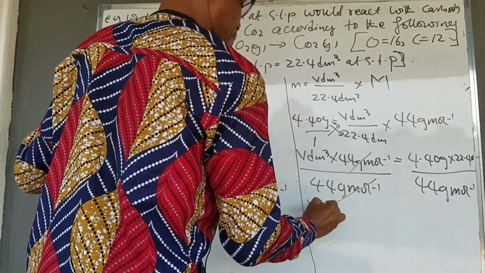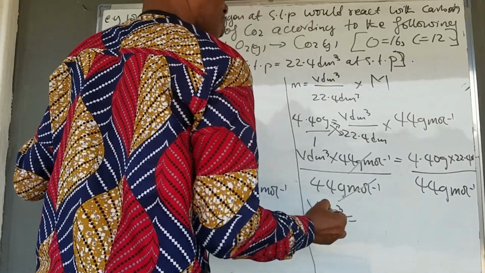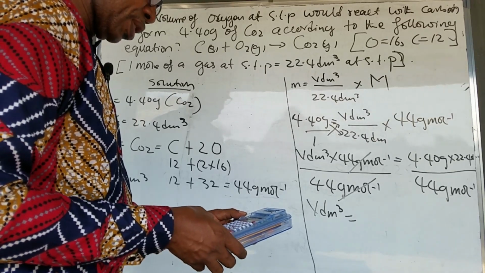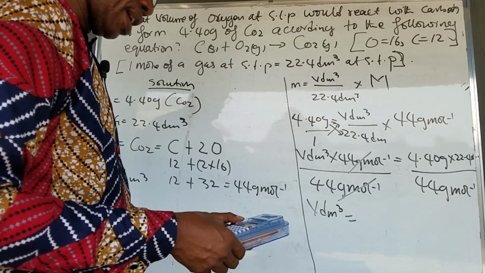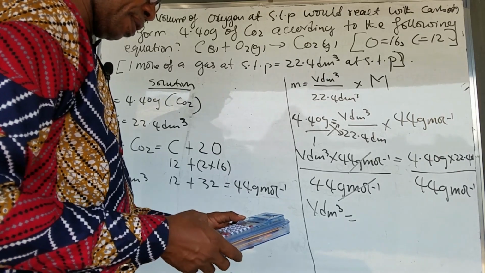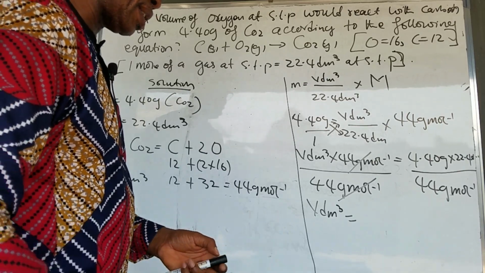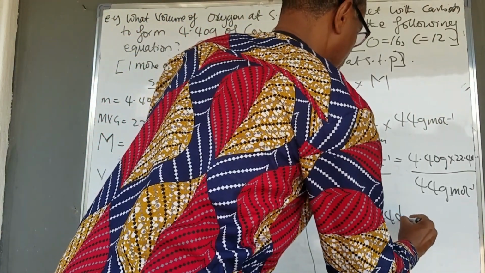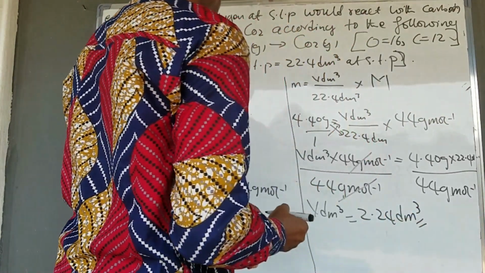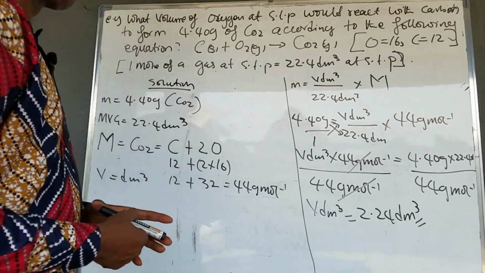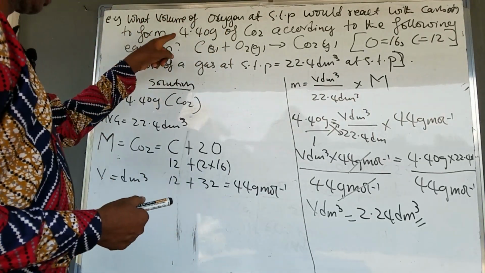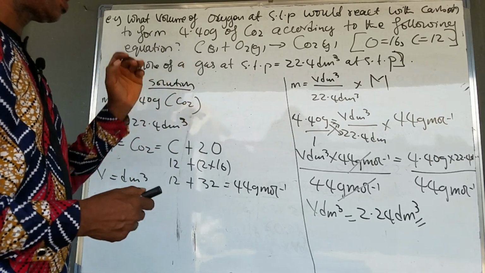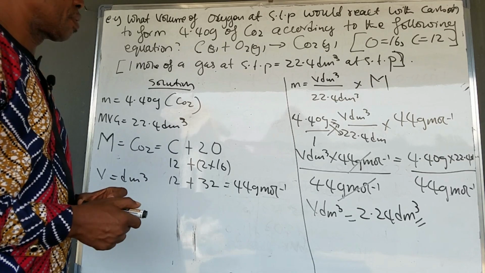And that will bring out my V dm³: 4.40 times 22.4 divided by 44. And the answer is 2.24 dm³. That is the volume of oxygen that will react with carbon to form 4.40 grams of carbon(IV) oxide based on this wonderful chemistry equation.